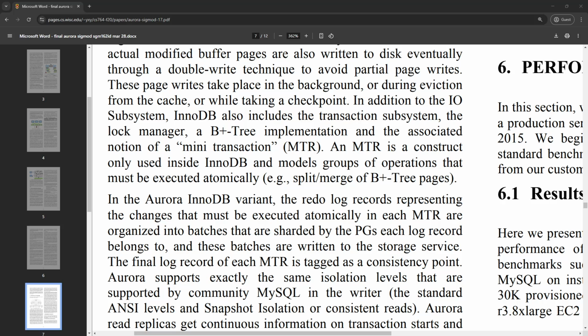In addition to the I/O subsystem, InnoDB also includes the transaction subsystem, the lock manager, a B-tree implementation, and the associated notion of a mini-transaction, or MTR. An MTR is a construct only used inside InnoDB and models groups of operations that must be executed atomically, e.g. a split or merge of a B-tree page.